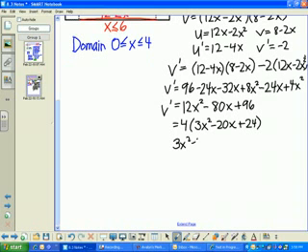So I'm really looking for, well, when is this quadratic equal to 0? So I can use my quadratic formula. And I can reduce these.